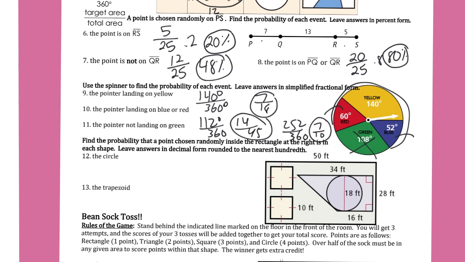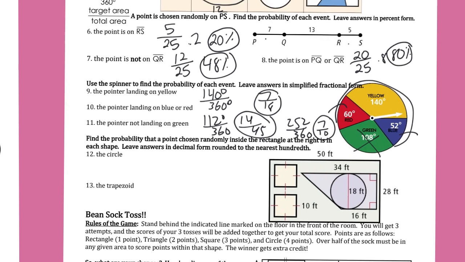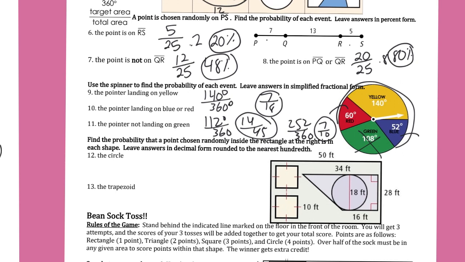So you do the probability, or the area of the circle over the total area. Well, the area of the circle is radius squared times pi, so it would be 9 squared times pi. You put that over the total area, which is a rectangle, which would be 50 times 28.